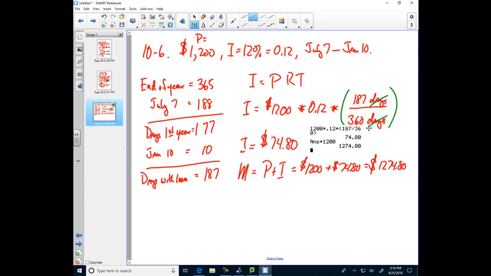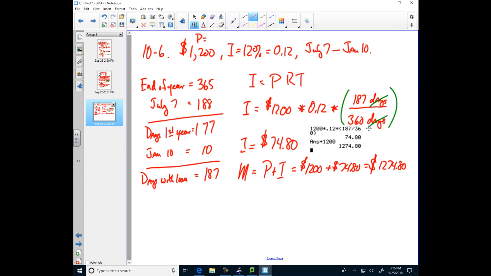Okay? Y'all okay with this so far? What was different about this one? Well, it had days. Now this one had the further wrinkle that it spanned 2 years, didn't it? So we found how many days to the end of the year and then added the number of days in the next year to that.